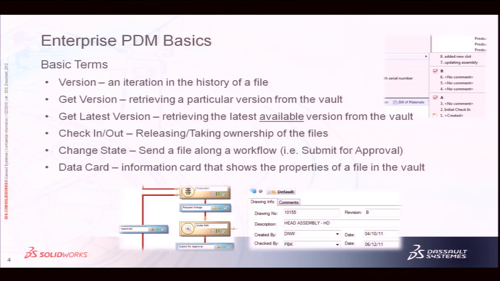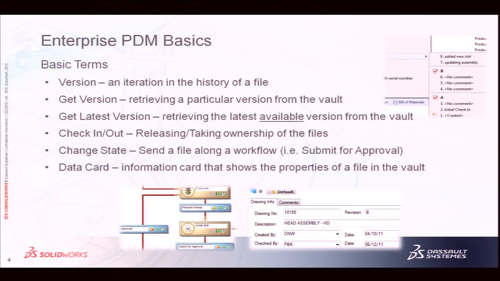So when you say get latest version, that's a command that tells it go get the latest from the vault, not from your own PC. So that get is a special command to say go to the vault and get me the file. And initially we see that mistake by SolidWorks users. They tend to think that if they're working on the file, then they have the latest. But that specific command is really to tell the server to go get me the latest. And we'll get into where that's important in a little bit.